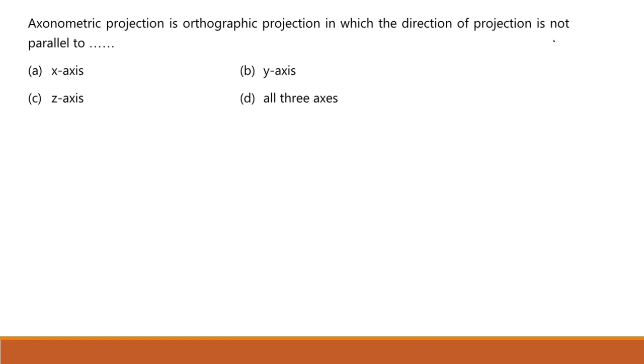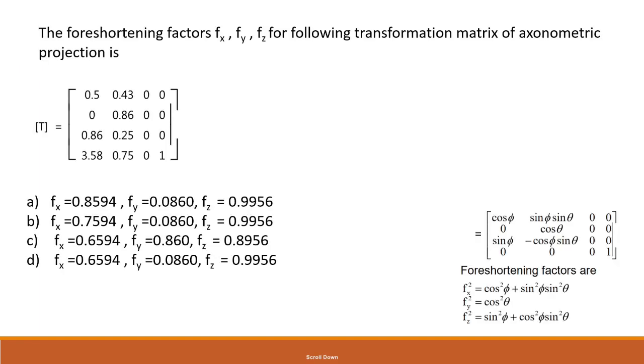What are the coordinate axes? X, Y, Z. So whatever our direction of projection is, it will not be parallel to the X axis, the Y axis, or the Z axis. Therefore option D will be correct, because the direction of projection is not parallel to all coordinate axes, that is the X, Y and Z axes.